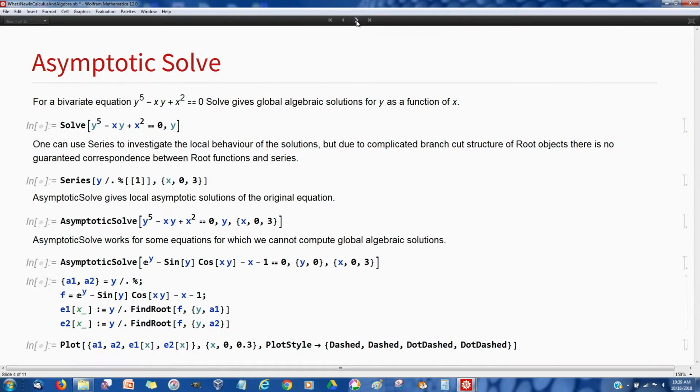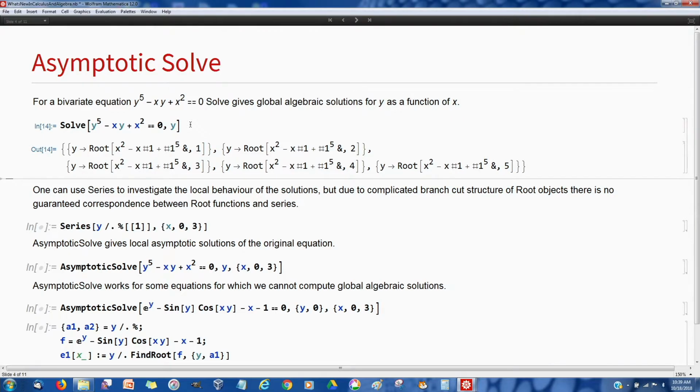Okay, so the last topic is somewhere on the boundary between algebra and calculus. So asymptotic solve. If we have a binary equation, then we can solve for one variable as a function of the other variable, right? So if we use solve, we get algebraic solutions that are global, but they don't really tell us how the solutions behave near any given point.